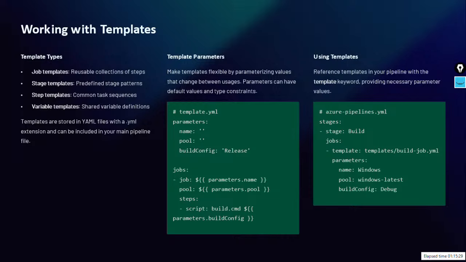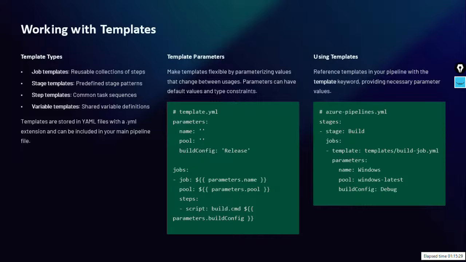So don't worry about the templates. Templates are useful when you know a bit more how to use them. Initially, when you start writing YAML pipelines, do it simply without templates.